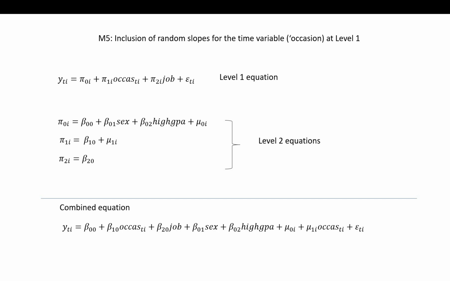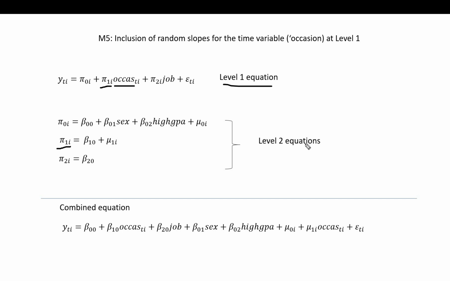Okay, we're going to build on that previous model by now allowing the slope for the occasion variable to randomly vary. So if we do this, we're basically making the assumption that the linear rate of growth may itself vary across individuals. So you'll notice that we have our pi 1i regression slope within the level 1 equation.